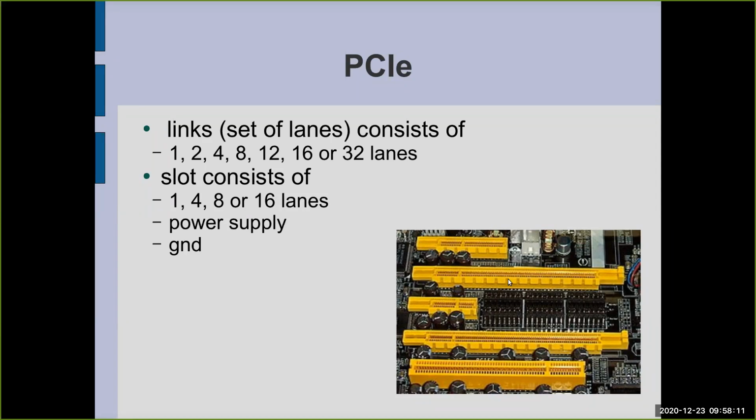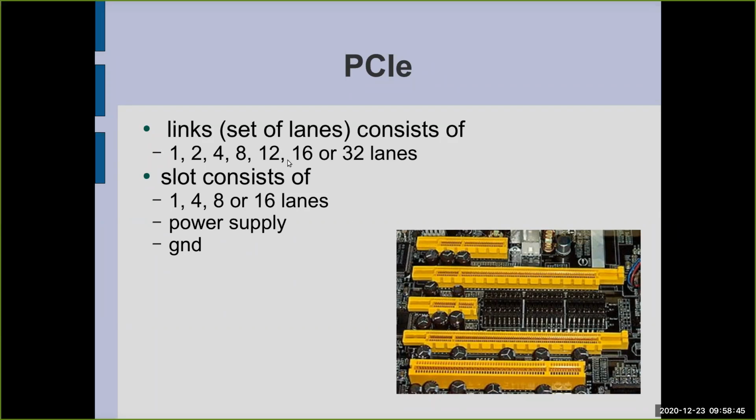So you can see that here we have 5 slots, and the top 4 slots are PCI Express slots, and this bottom slot is a PCI slot. So what is the difference? So why are there so many different slots? In PCI we have only a single type of slot. Here we have at least 3 types.